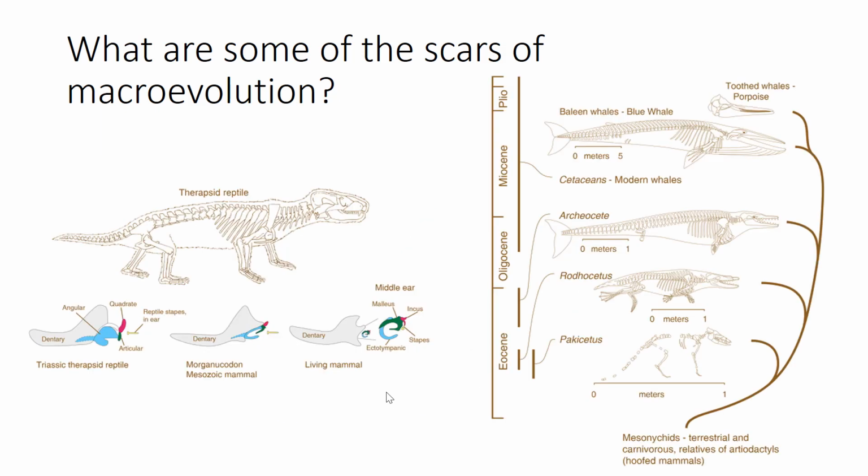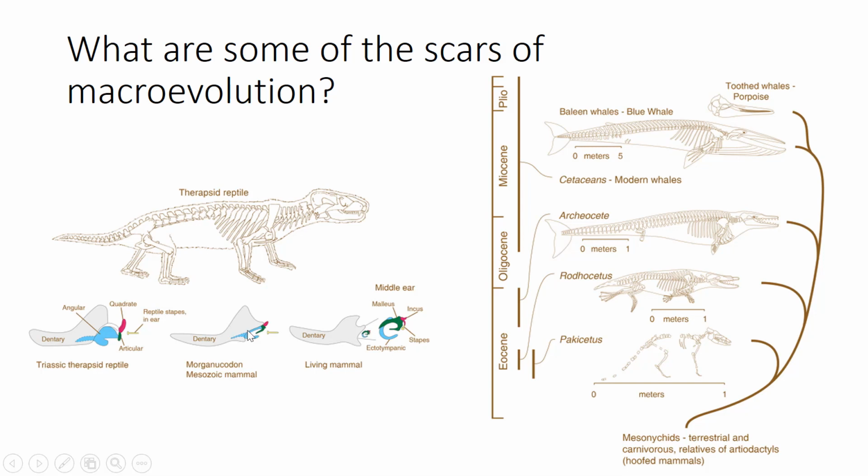And then this thing we're going to talk a lot more about on Monday, so I'll save most of our discussion for there. But are these really scars of macroevolution, these transitional forms? So we've got our therapsids, our mammal-like reptiles, with seeming movement of bones from the lower jaw into the middle ear, adding to the one middle ear bone that reptiles have, getting to the three middle ear bones that mammals have, and reducing the number of bones in the lower jaw.